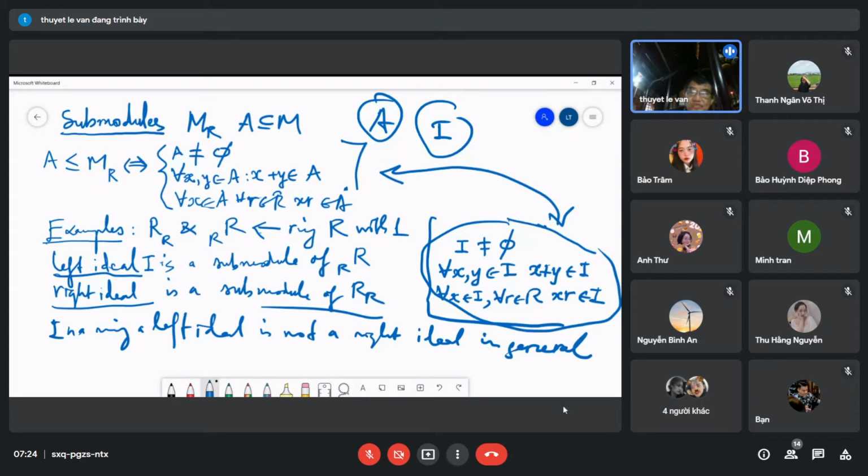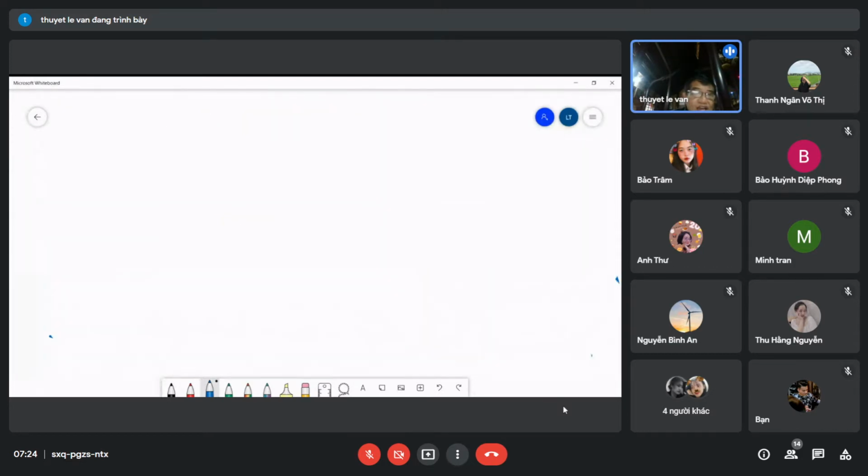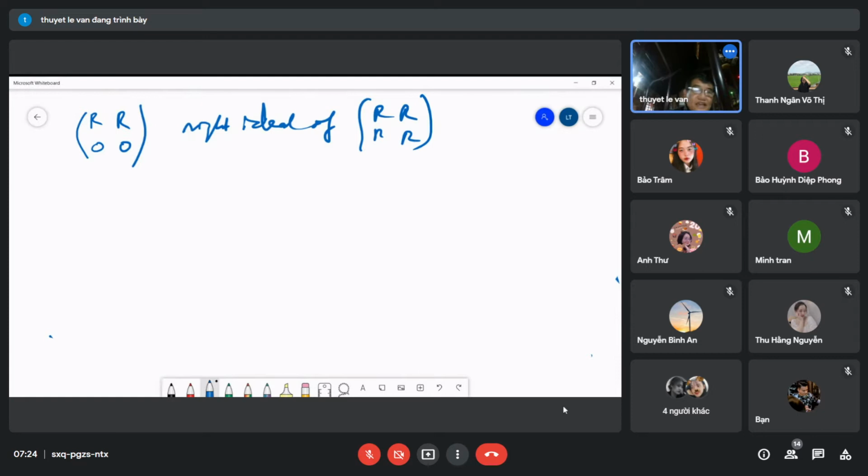For example, in our books, I show you the right ideal R0, 0. Here is a right ideal of R. But that is not a left ideal.